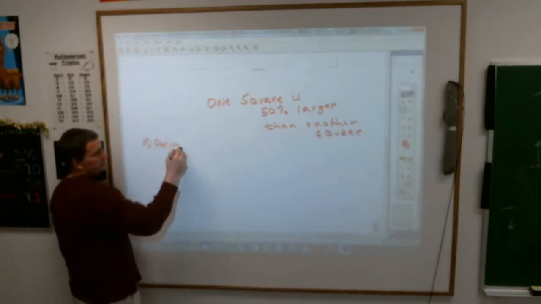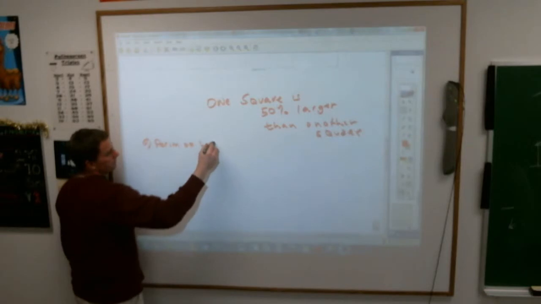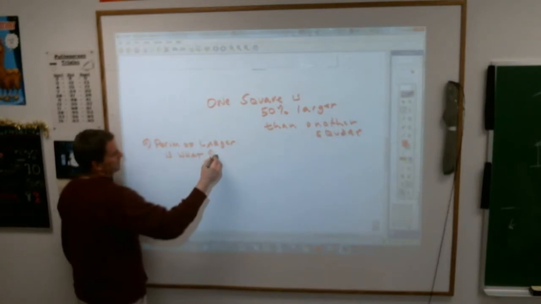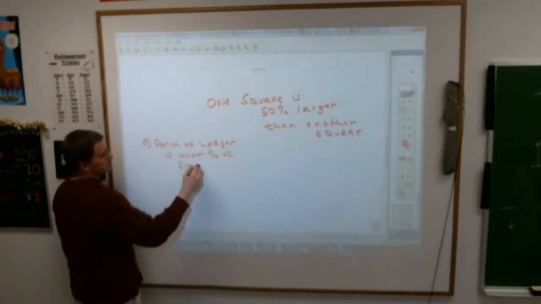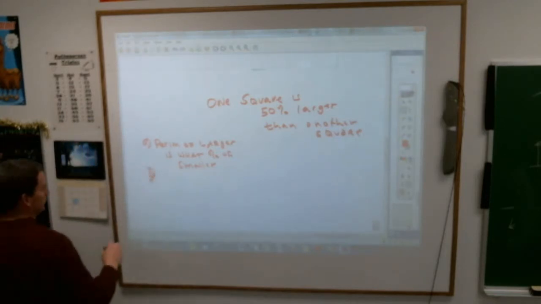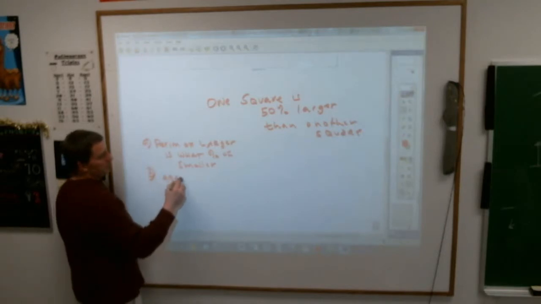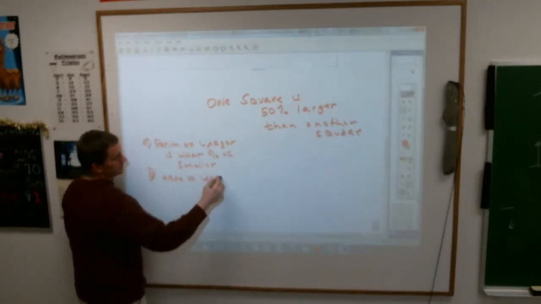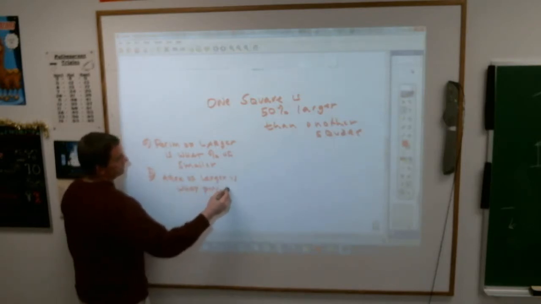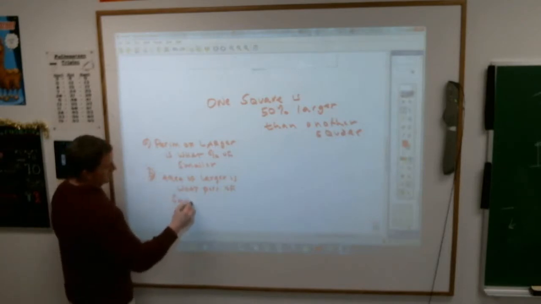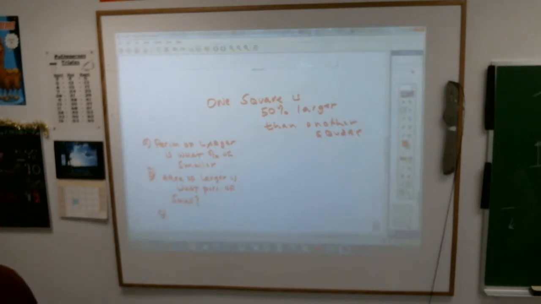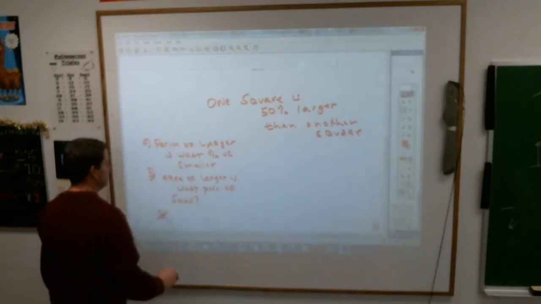Perimeter, not area, of the larger is what percent of the smaller? Letter B says the area of the larger is what percent of the smaller? And then letter C is, oh, no, I don't need number C. It's not that.